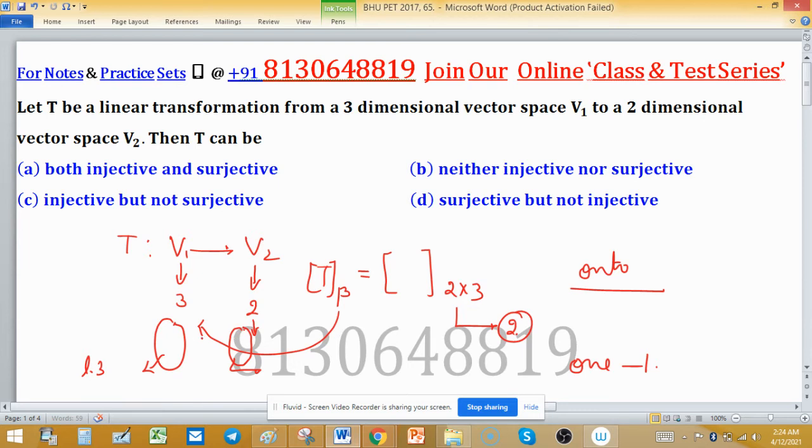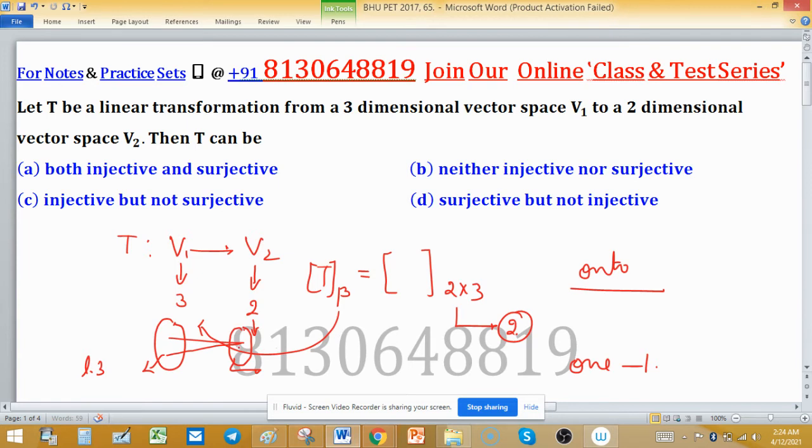So some elements have the same image, means at least two elements will have the same image. So this linear transformation will not be one-one.